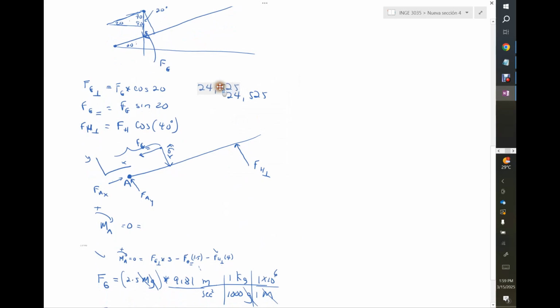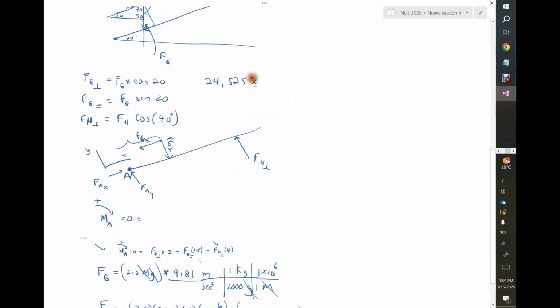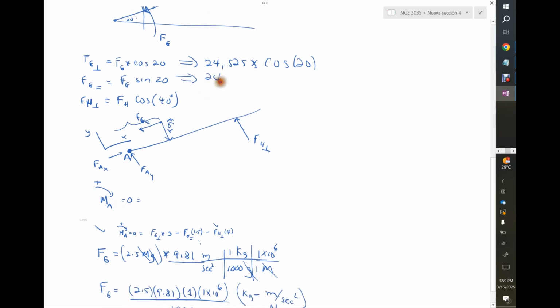All right, so here we are. So FG is that one. So basically you multiply that by cosine of 20, and you do the same here, 24,525 times the sine of 20, and let's see.